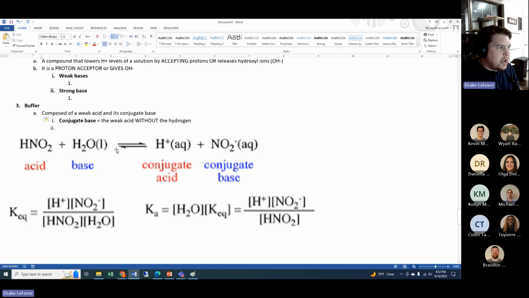And this double-sided arrow here means that this flows back and forth. So we constantly have the weak acid binding with water to form free hydrogen ions and its conjugate base. And then we also constantly have conjugate base combining with hydrogen ions, turning back into the acid and water.